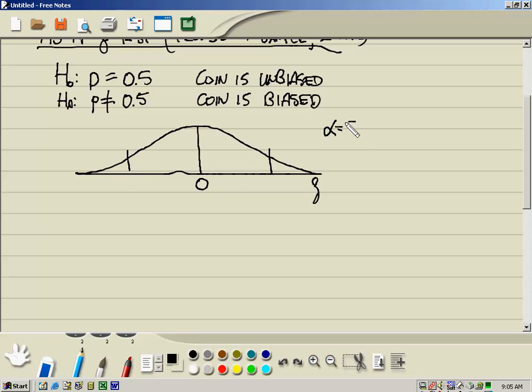We use the standard alpha of 5%, so we have 2.5% in each tail, and that gives us the most famous z-value of all. We'll have plus or minus 1.96 for the critical values. So decision rule.